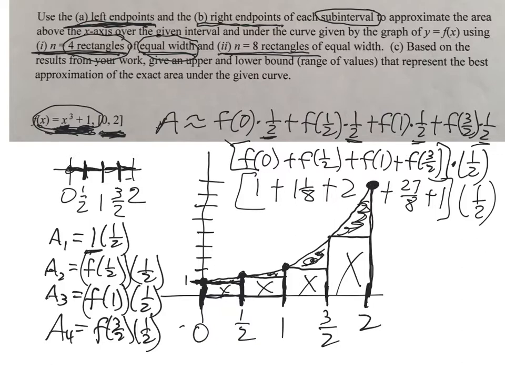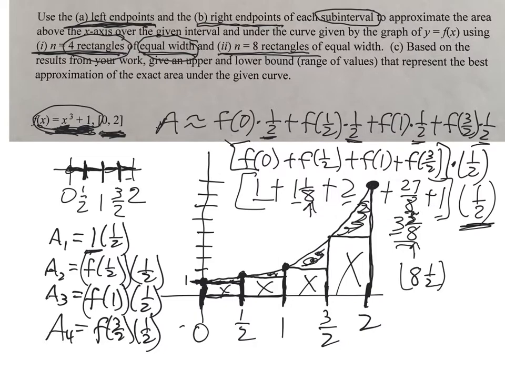We end up with what for our answer? Might help to call 27 over 8 3 3/8. Then our fractions 1/8 and 3/8 will give us 4/8 or 1/2. We've got 1 plus 1 plus 2 plus 3 plus 1/2, 8 and 1/2, or 8.5.